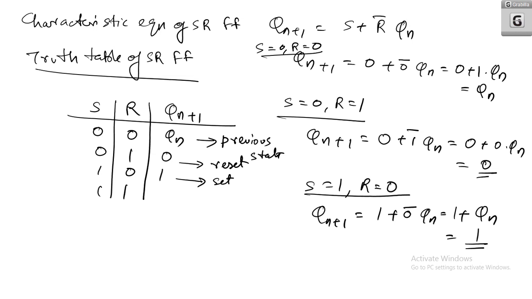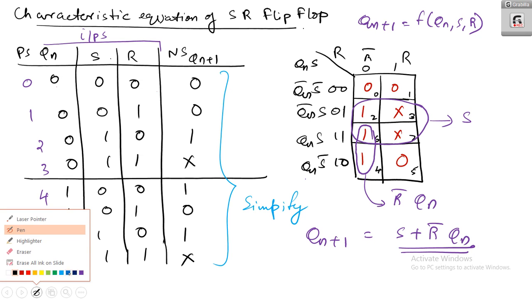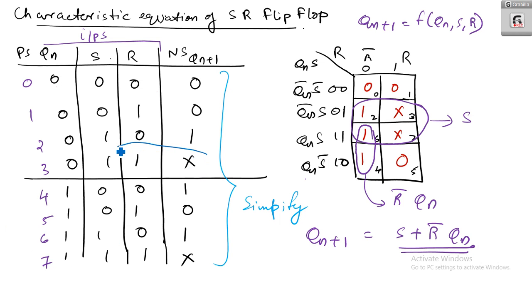Now when S is equal to 1 and R is equal to 1, what happens? Here we cannot predict to which state it will go. If you look at this line, you cannot predict what is Qn plus 1.